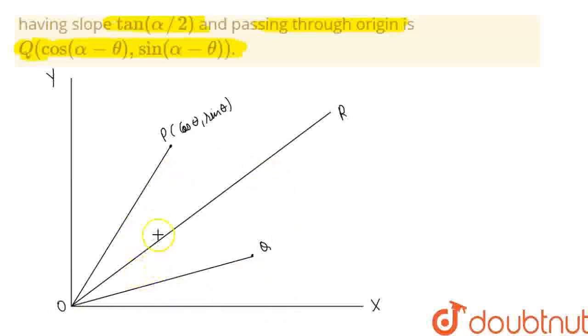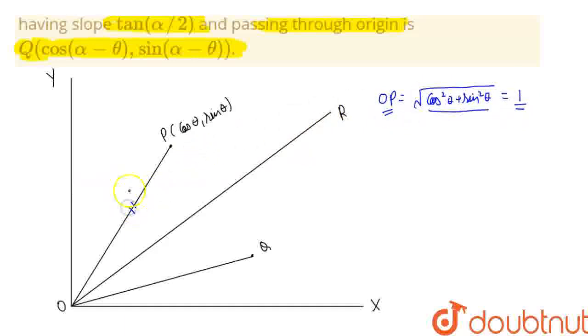Now by using the distance formula, if we calculate the distance OP, then we get OP is equals to under root of cos square theta plus sin square theta, which on further solving comes out to be 1, because cos square theta plus sin square theta is 1. This is the identity. So we have computed the length OP as 1.